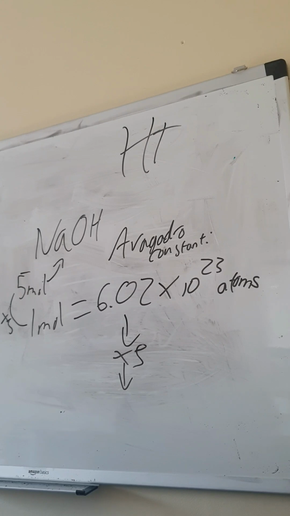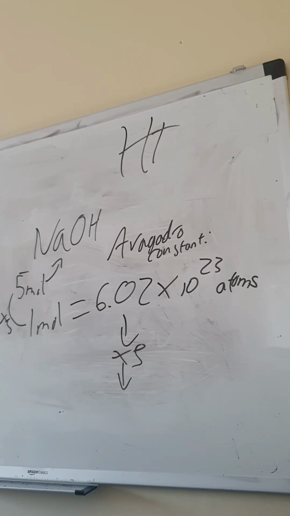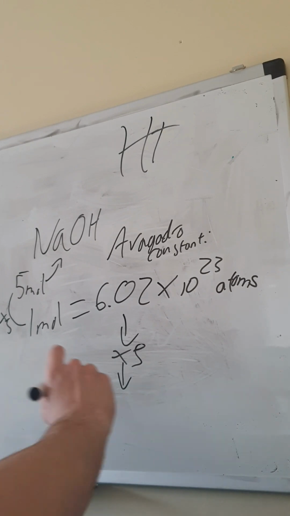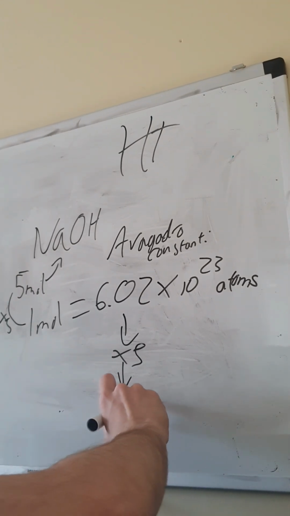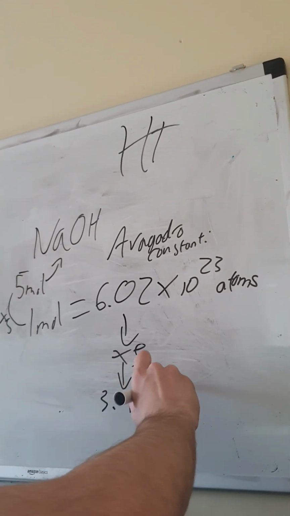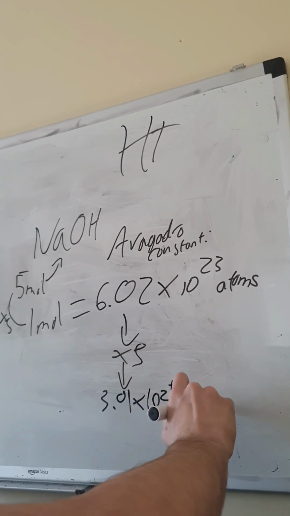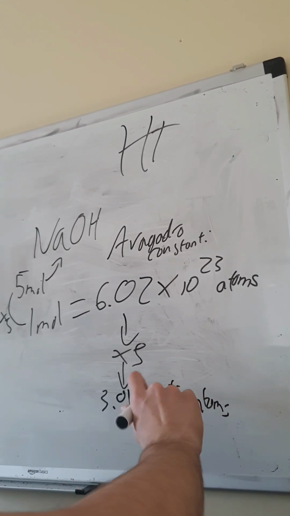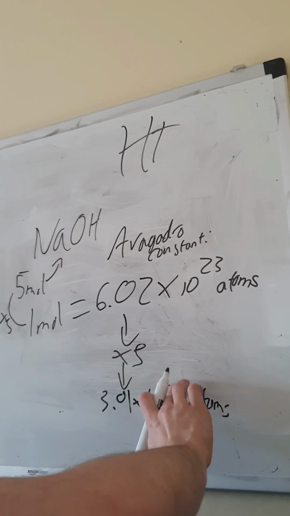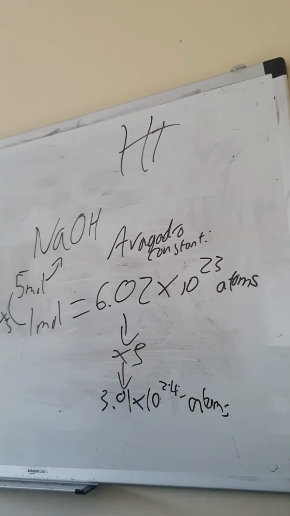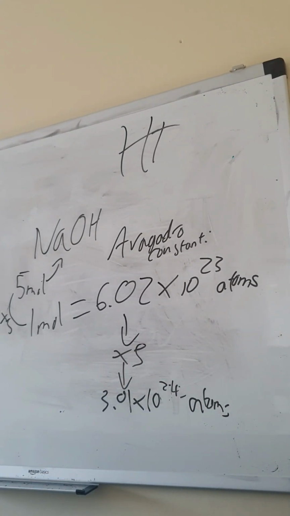And we get 3.01 times 10 to the power of 24 atoms. And it's that simple. This is how many atoms that you have.